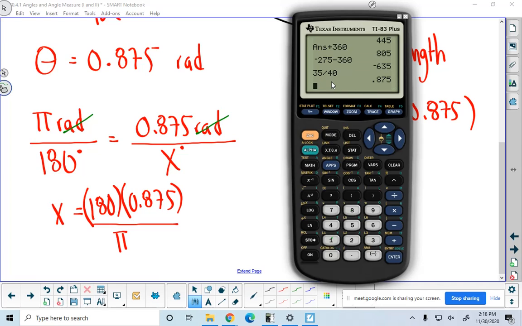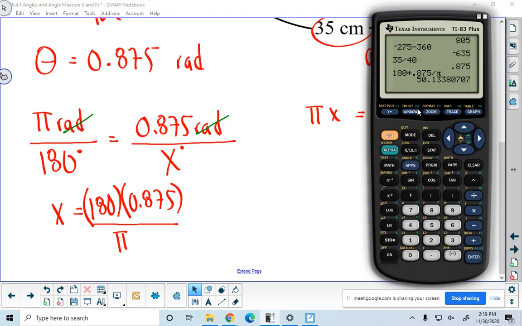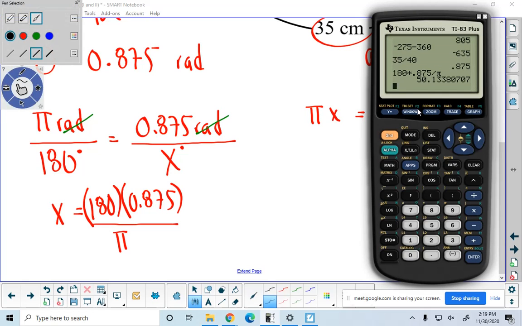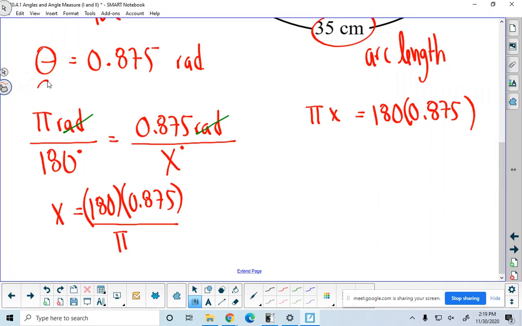So I have 180 multiplied by 0.875 and then divided by pi, which gives about 50.1 degrees. So the answer is 0.875 radians or 50.1 degrees. So these are our two answers.